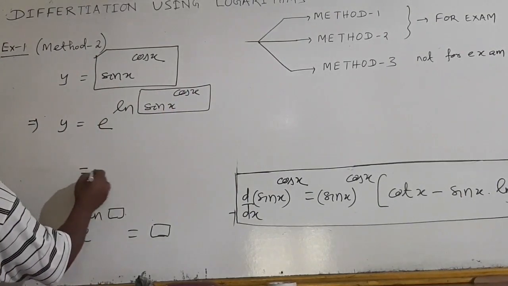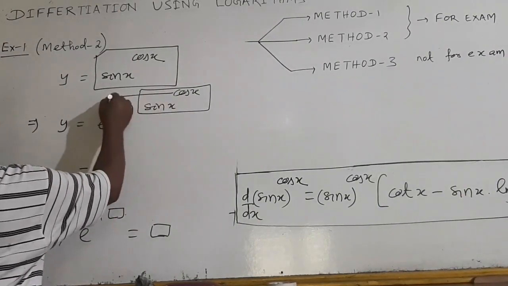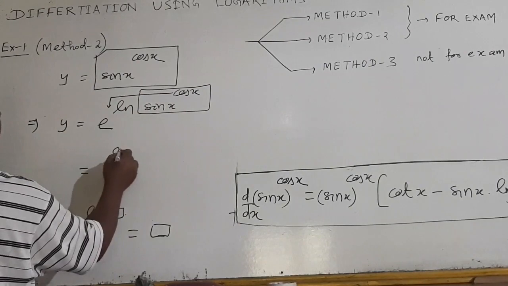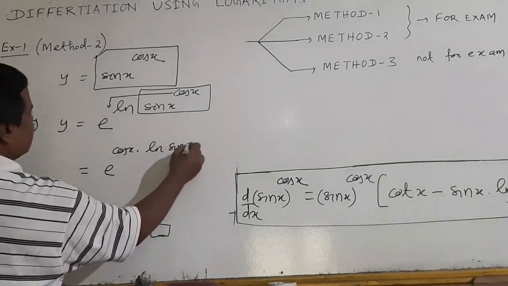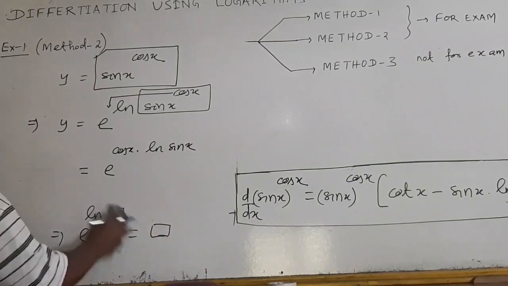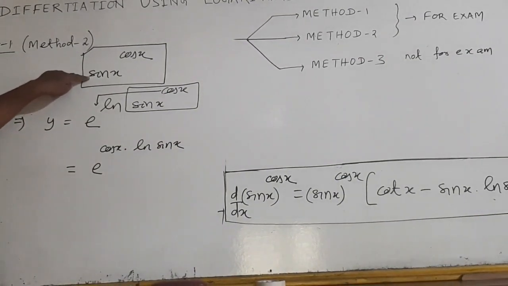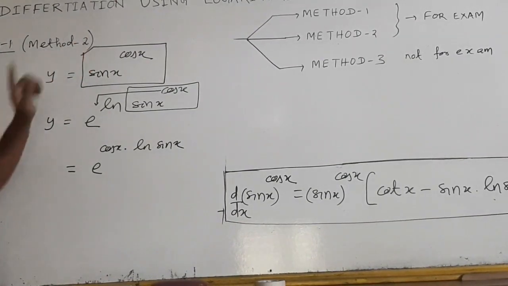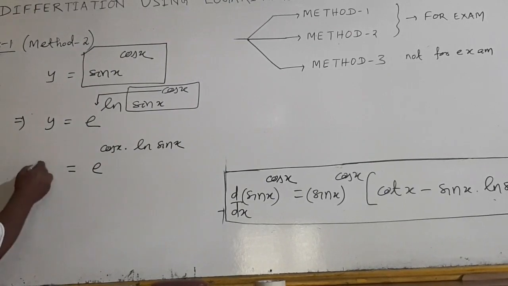Now it becomes e to the power, this cos x will come to the front, cos x into ln sin x. Now remember, sin x to the power cos x is the same as e to the power cos x ln sin x.